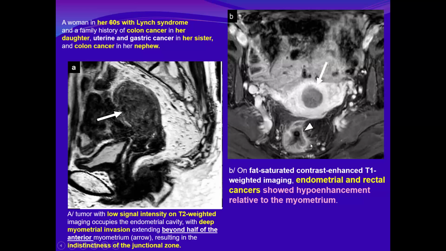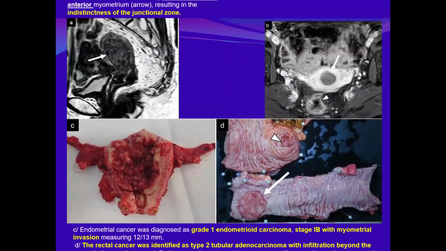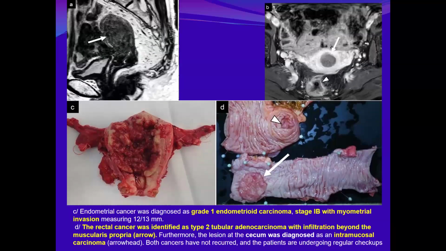And here we can see a rectal mass at the same time. So this image demonstrates rectal cancer as well as endometrial cancer in this 60-year-old lady with Lynch syndrome. And here, this is the post-surgical specimen demonstrating grade 1 endometrial carcinoma stage 1B with myometrial invasion.